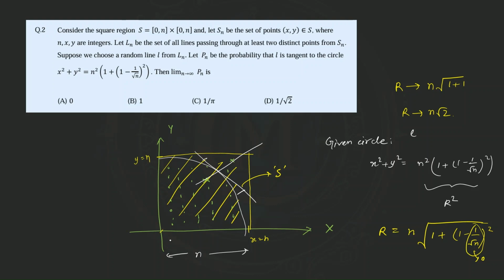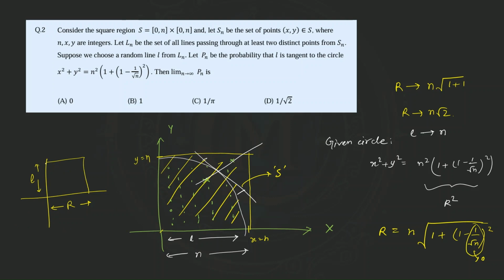We denote this side length of the square region by L. This L will be tending to n for large n, because L is already equal to n. Now see, if we are given a circle, or more accurately a quarter circle here, whose radius is r, and a square region whose length of side is L, let's say like this.